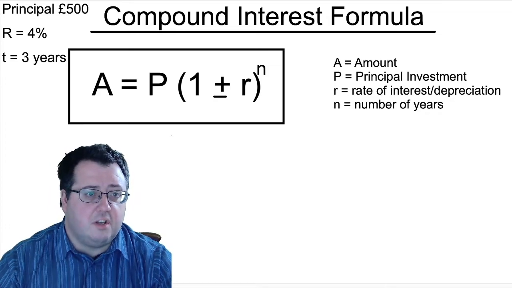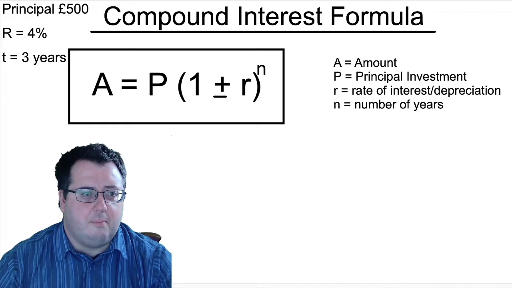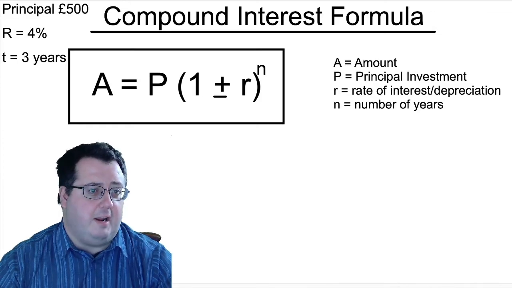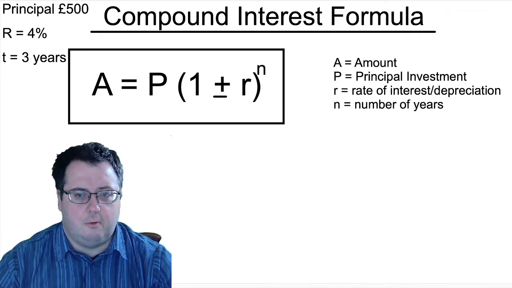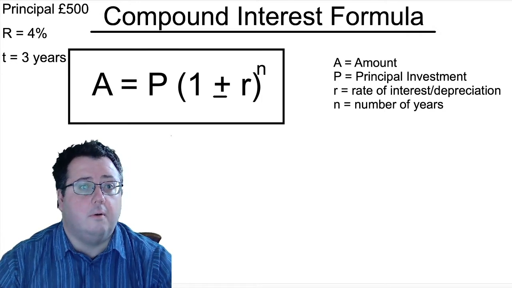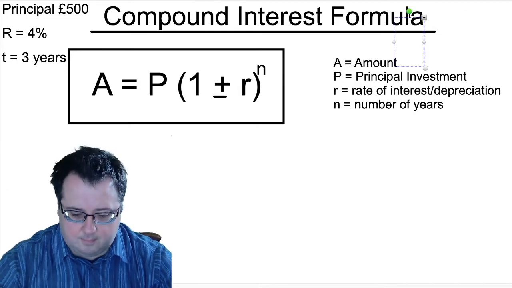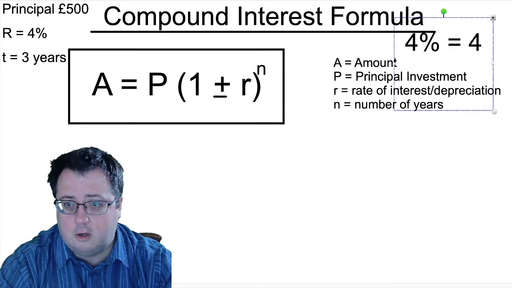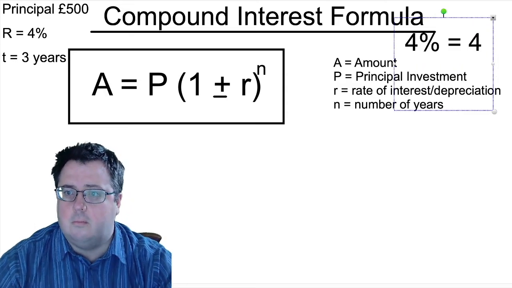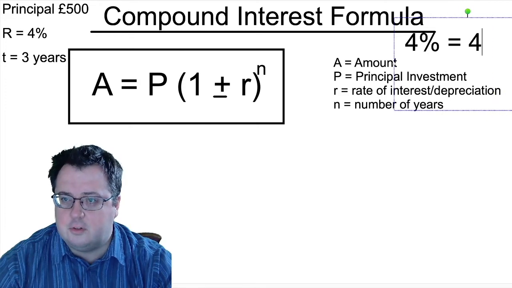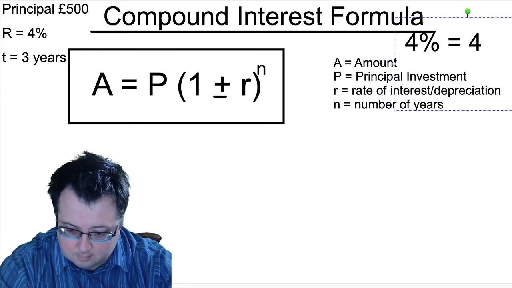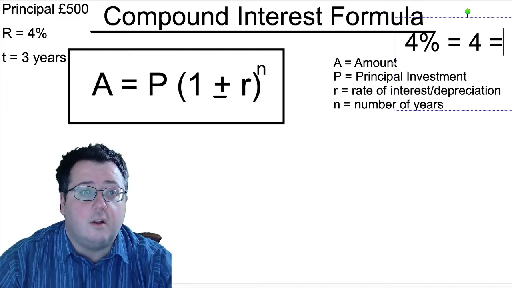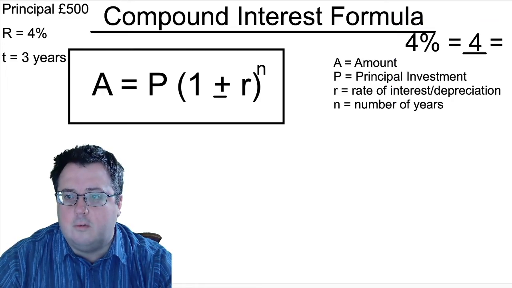Okay, so how do we use that? There's a little bit of jiggery-pokery that we need to do with the rate. Okay, 4% we should know, I'll put it over here, 4% is equal to 4 over 100.